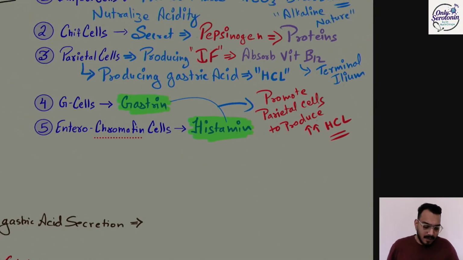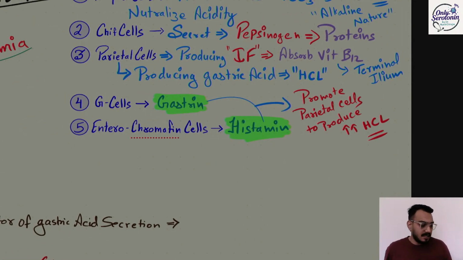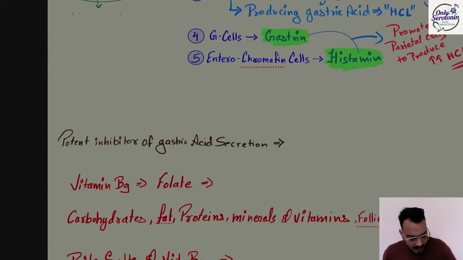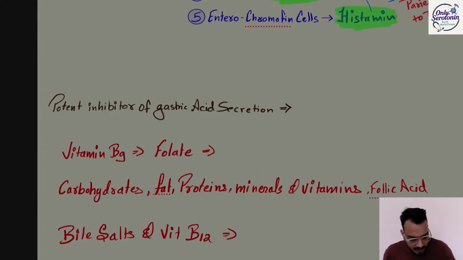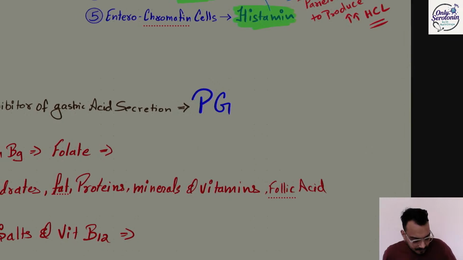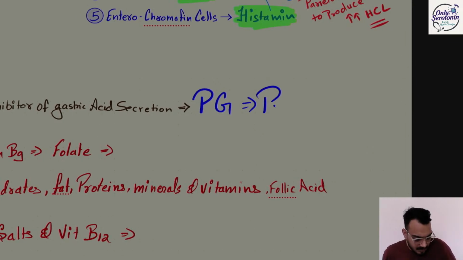They are going to promote my parietal cells to increase the acid, right? Now, what is the potent inhibitor of gastric acid secretion? The potent inhibitor of your gastric acid secretion, what is it, guys? It is prostaglandins.